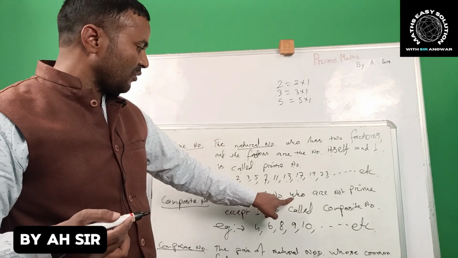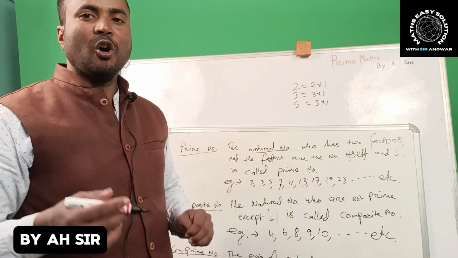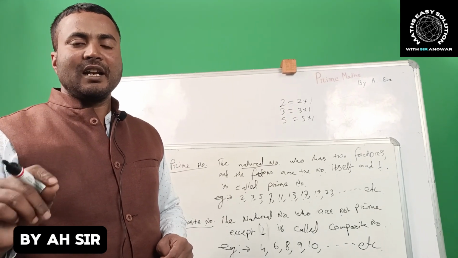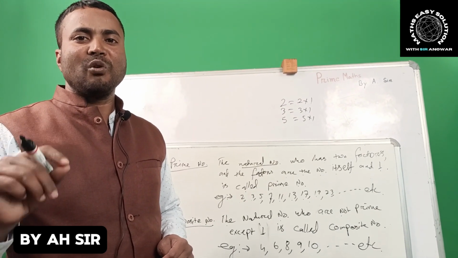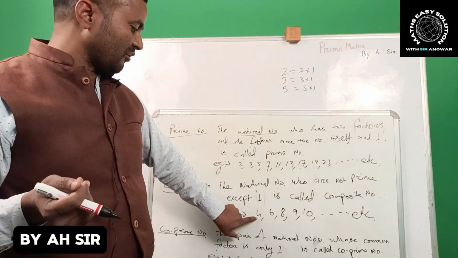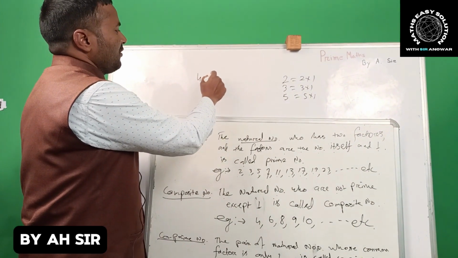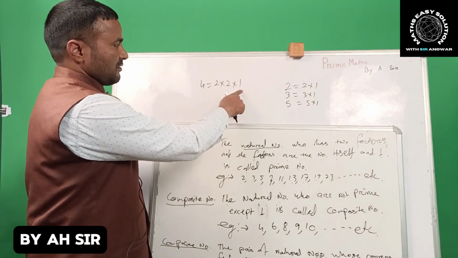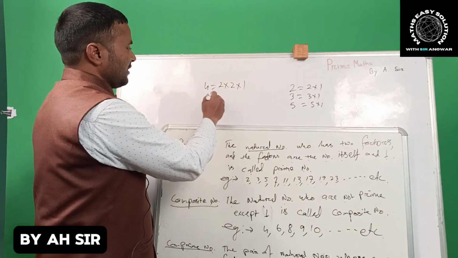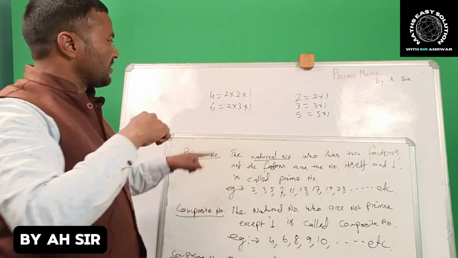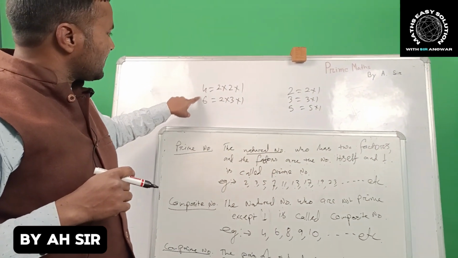The natural numbers which are not prime. Or we can define this number in another way: the natural numbers which have more than two factors are called composite numbers. For example, 4: 4 equals 2 into 2 into 1. Here 3 factors. 6 equals 2 into 3 into 1. Here also 3 factors. That's why these are called composite numbers.